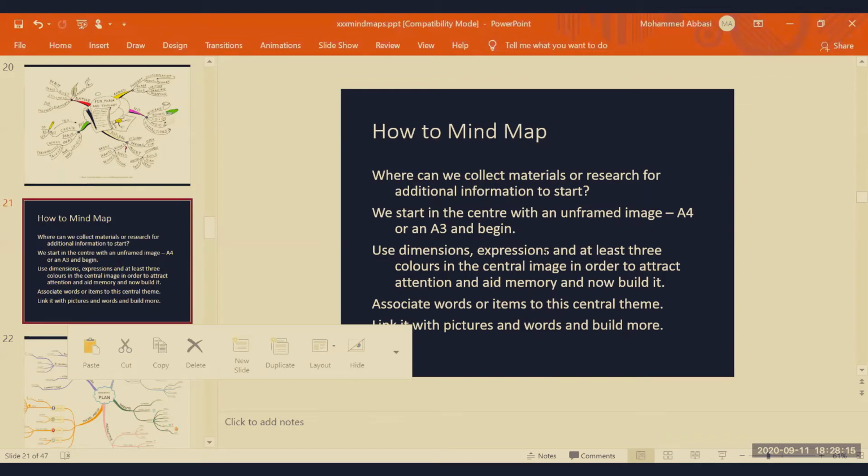Again, how to mind map. So we collect information. Say, for example, the internet now is very saturated with information. But when you have a topic that you really want to study, say politics, religion, or history, aspects of a battle, for example, you can put them on a mind map.